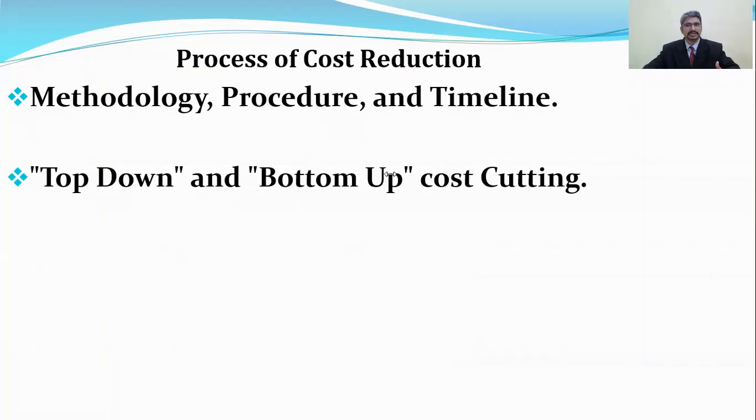How we are going to do it. Establish the cost reduction process, pace, and cadence, priorities for implementation, and key milestones. Describe leadership's expectations for implementation priorities. Identify critical implementation milestones. And the next one is top down and bottom up cost cutting.